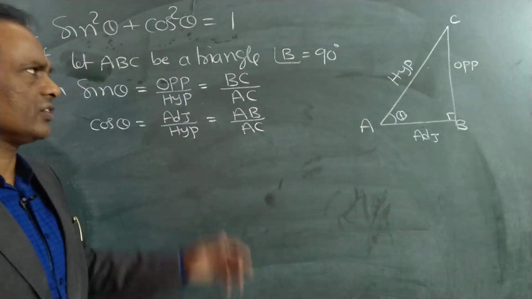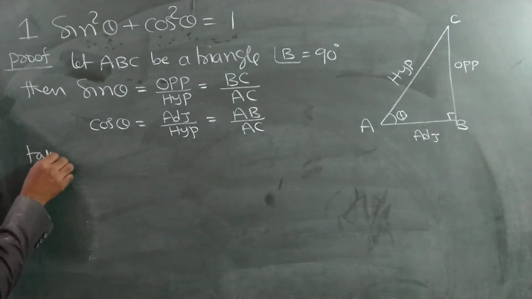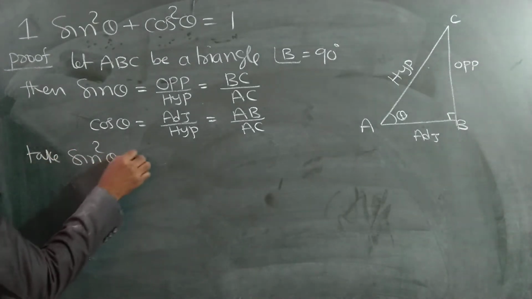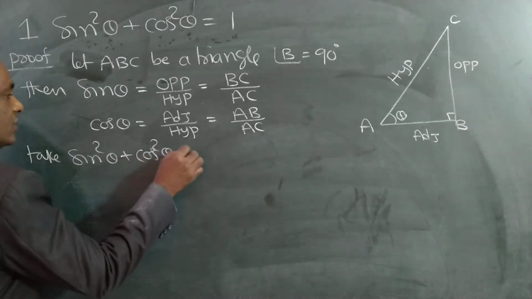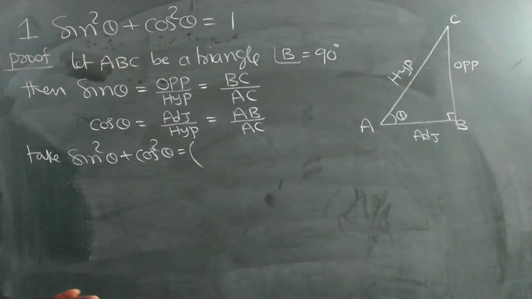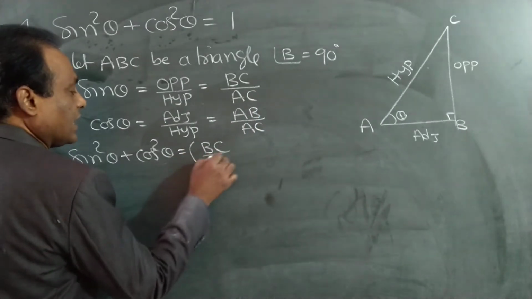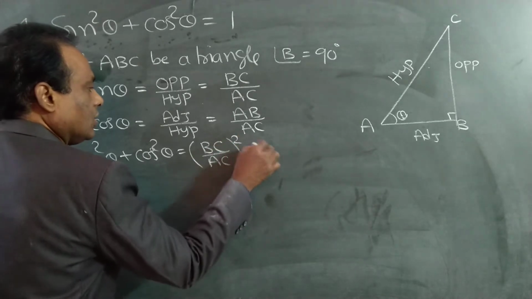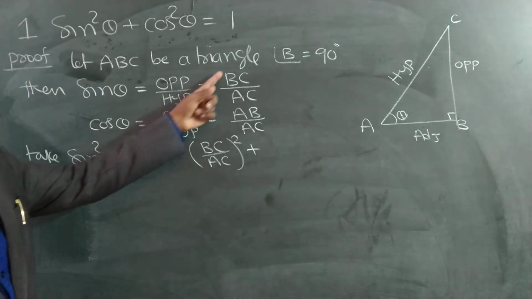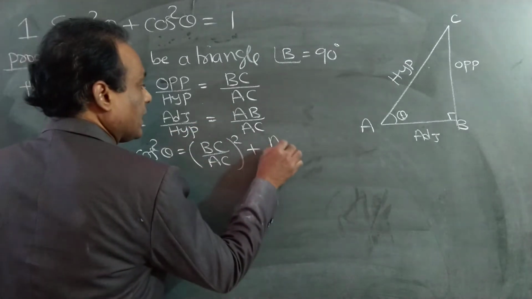We know these definitions. What do we require? We require sin square theta plus cos square theta. Sin theta is BC by AC, cos theta is AB by AC.